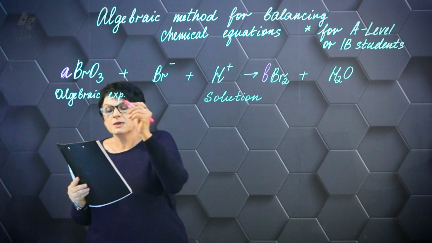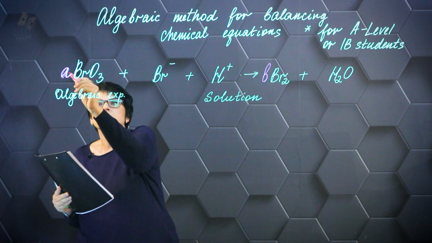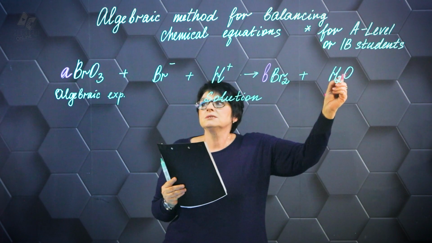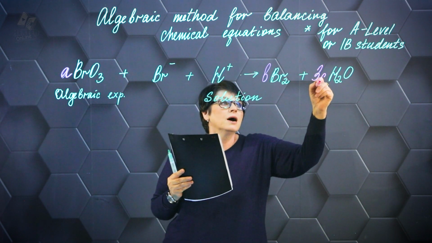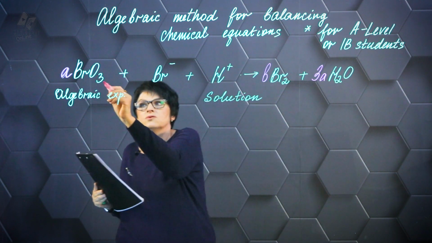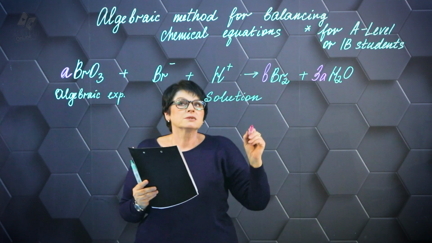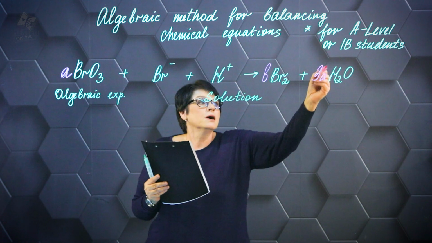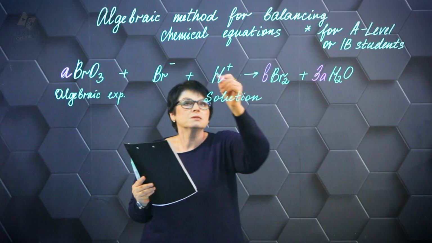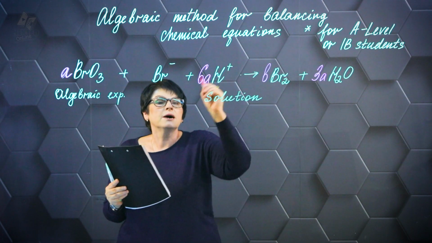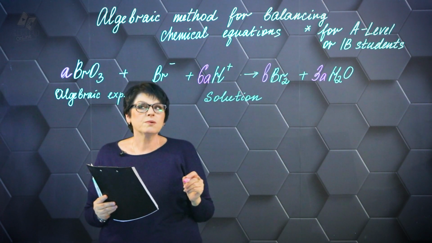So we put A in front of BrO3, so we have 3A in front of the water formula. And because oxygen comes in here with the same amount, correspondingly in front of the hydrogen ion we'll have a factor of 6A, and then we're left to deal with bromine.